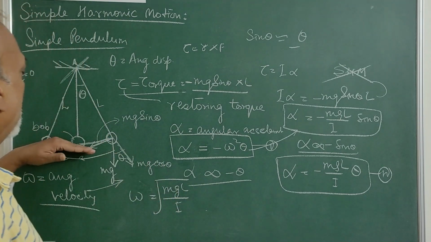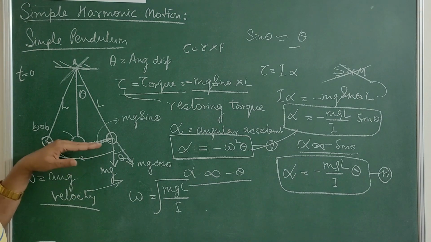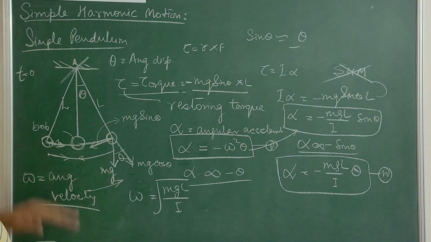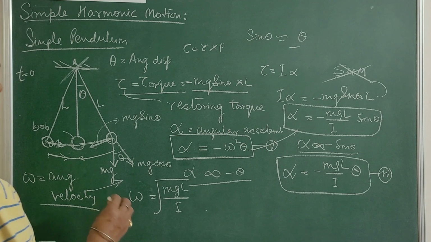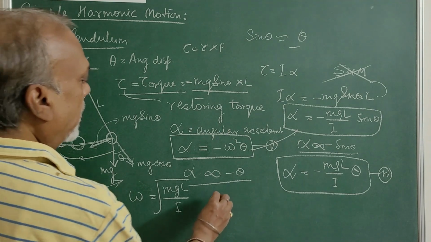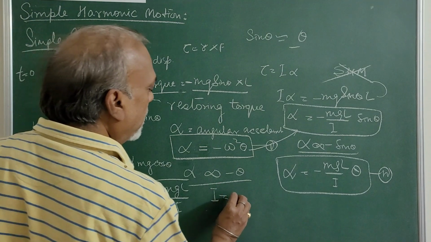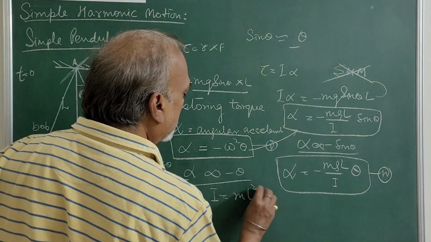Moment of inertia for this bob along this axis, what will that be? Moment of inertia I will be nothing but mL squared.